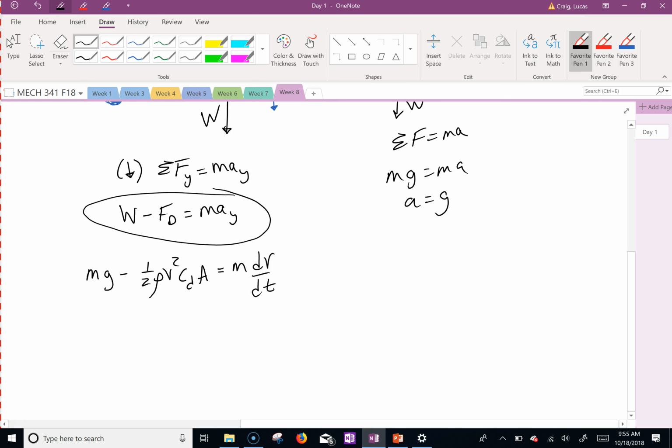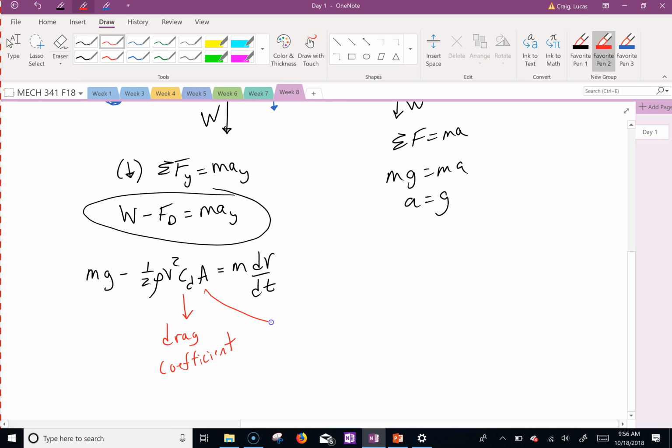I forgot to tell you, CD is the drag coefficient. Is that usually given? That's either given in tables or you find it experimentally. And that's probably what I'll have you do for the project: stick different objects in there and actually find the drag coefficient. You have to have a force or drag measurement in order to get that.